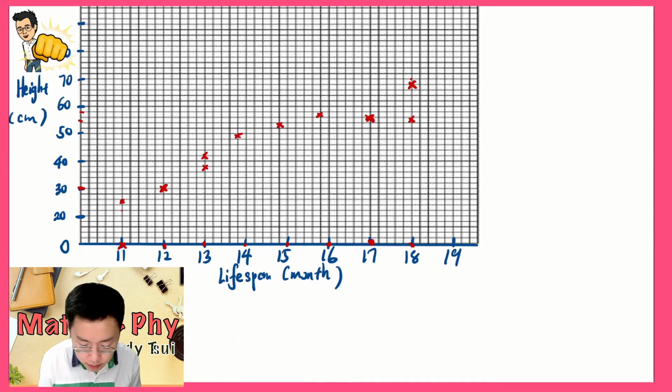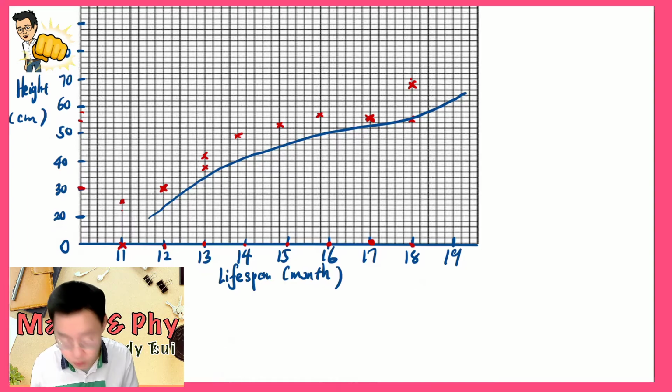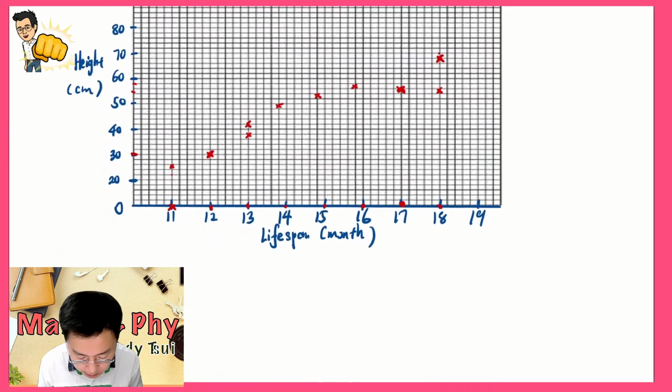You can see the trend is in this way. So we can say that the longer the lifespan, the higher the height of the plant, the taller the plant is.